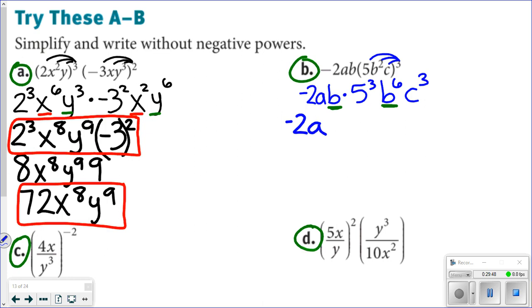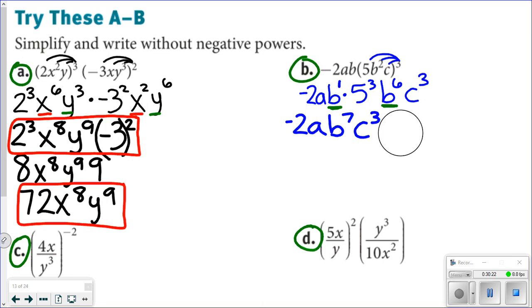So 1 plus 6 is 7. And then I'm going to write out my 5 cubed because this looks a little funny to me. So 5 cubed is, type it in, 5 cubed is 125.